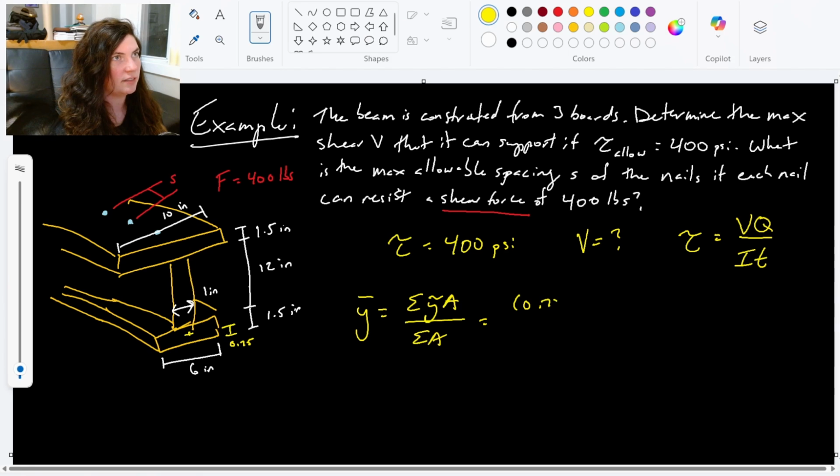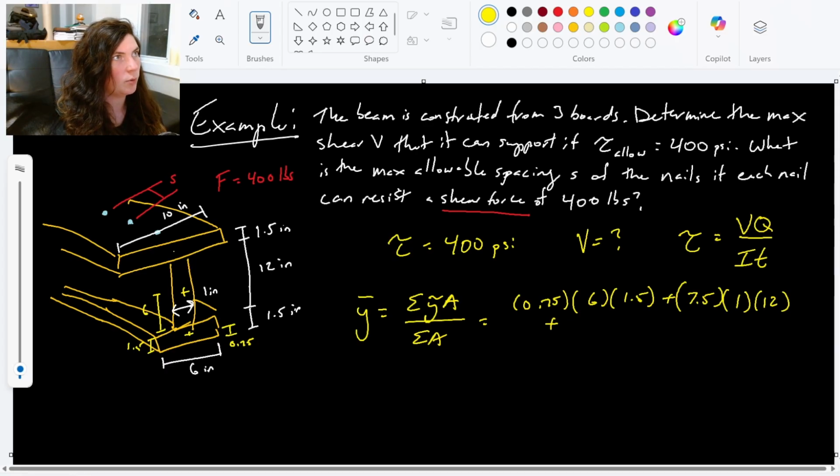So 0.75 inches times the area, which is 6 times 1.5 inches, plus our next shape has a centroid halfway through 12 is 6, right? And then 6 inches, that is 1.5 inches off the ground, is 7.5 times the cross-sectional area for that one is 12 inches by 1 inch. 1 inch times 12 inches.